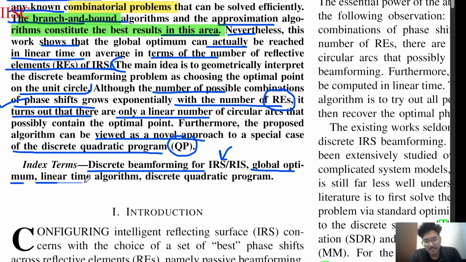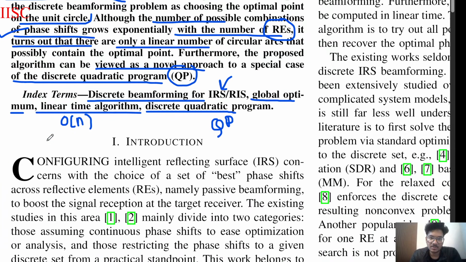Linear time algorithm is simply saying that it is order of n. And discrete quadratic program is a special case, which stands for QP, quadratic program. So let's see what we are trying to explain.